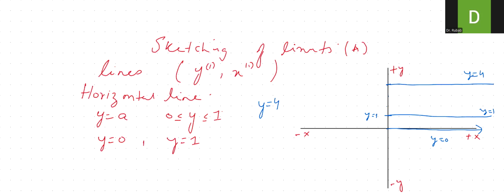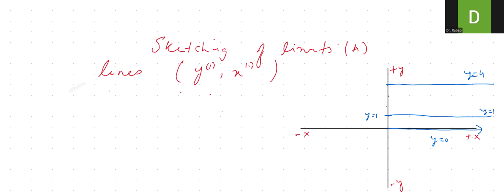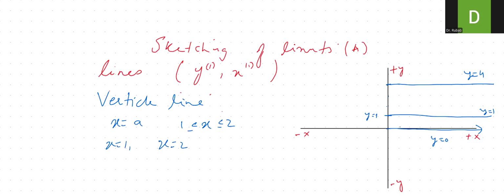Now the second type is the vertical line. So what do you think a vertical line will be? When a horizontal line is y constant, then a vertical line will be x constant. It is opposite. Vertical is x constant, horizontal is y constant, right? So whenever you have the limit x from 1 to 2, x = 1 and x = 2, you will draw a vertical line where x = 1, and then when x = 2, you will draw the line x = 2 here.